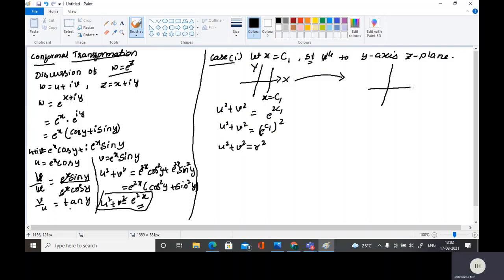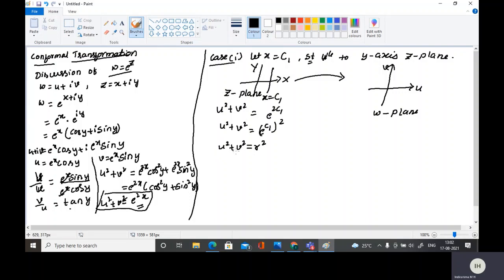In the w plane the coordinate axes are u and v, and in the z plane x and y are the coordinates. As we know, x square plus y square equal to r square represents a circle with center at origin and radius r in the z plane. But instead of x and y we have u and v.